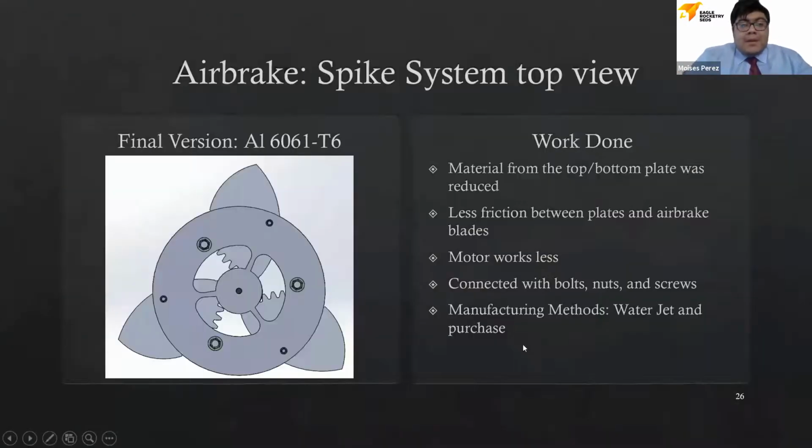Next, please. So here we have a design for the air brake system. It's made of aluminum 6061-T6. Some of the work that was done was on the top and bottom plate. We reduced the material so that it causes less friction when the plates and the air brake blades are opening.